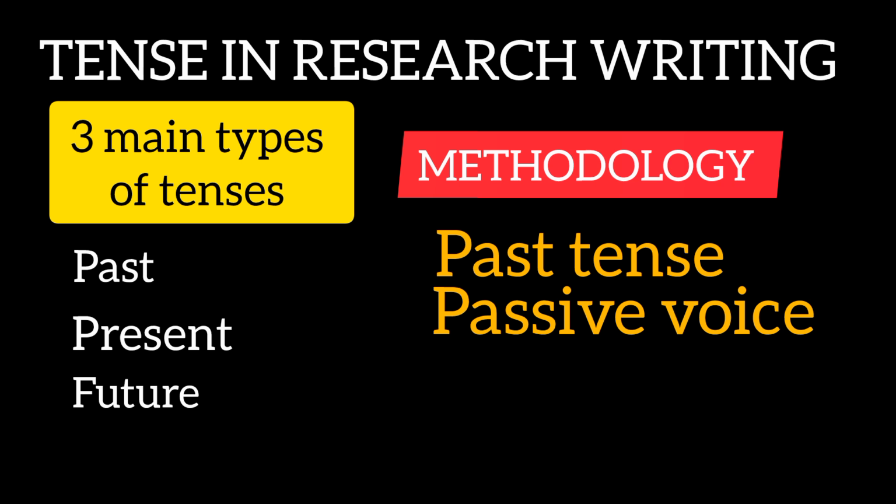Another example, an ANOVA test was used to assess the differences between the means of class A, B, and C. Another example, the attitude scale by Nyambe 2012 was adapted for this study. So in the methodology section, normally the past tense is used in the form of the passive voice.